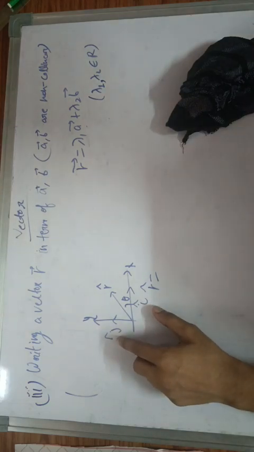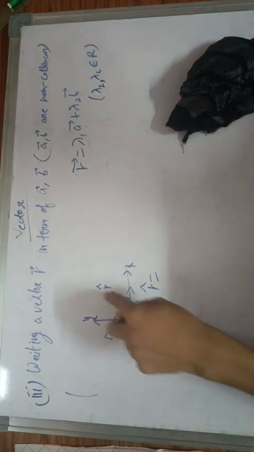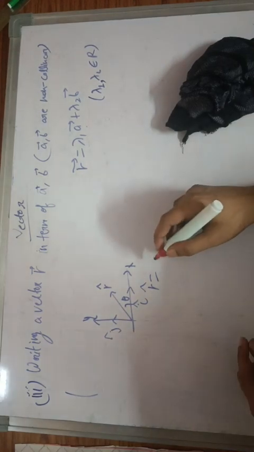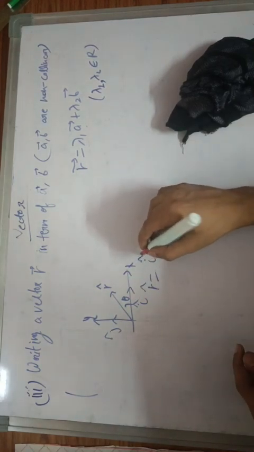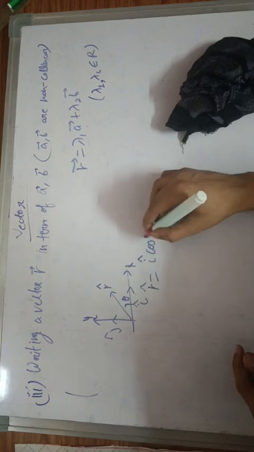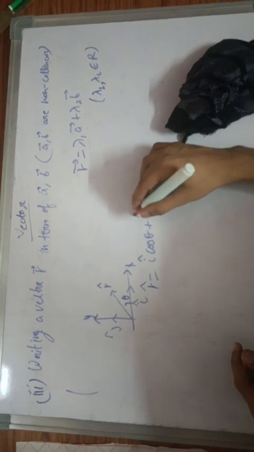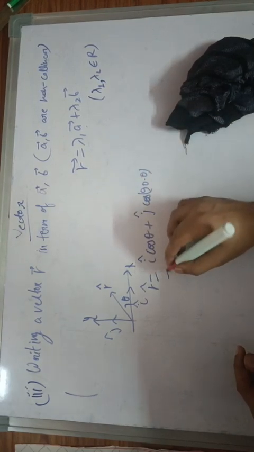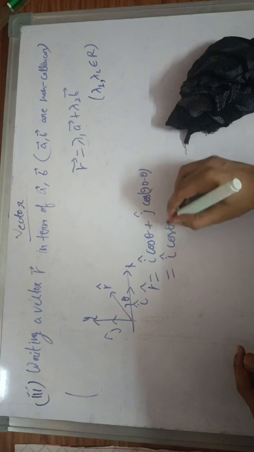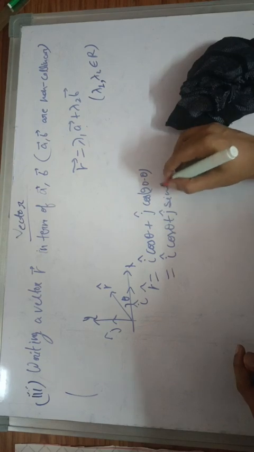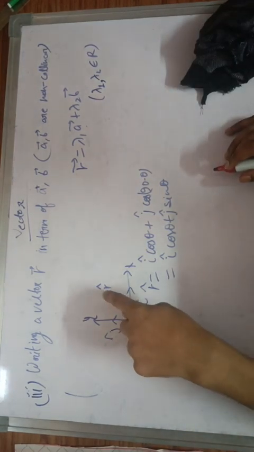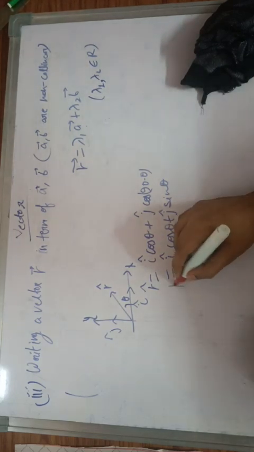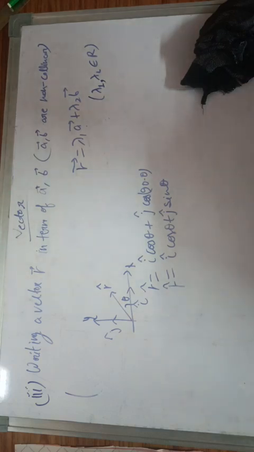All these three vectors j, i, r are of magnitude 1, and j and i are perpendicular. So I can write r cap as i vector cos theta plus j cap vector cos of 90 minus theta. This will become equal to i cos theta plus j sin theta. So r cap can be written as the sum of these two vectors, according to what I told.